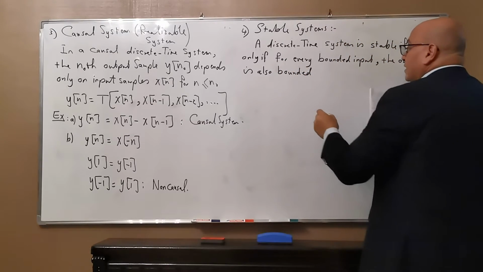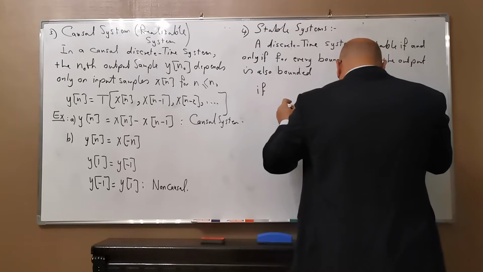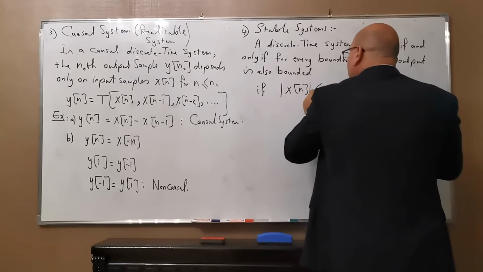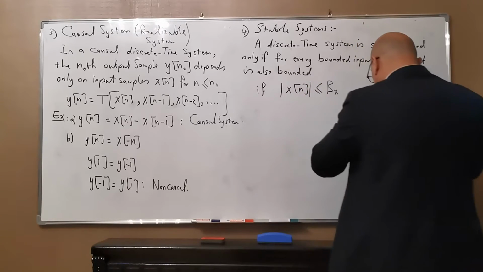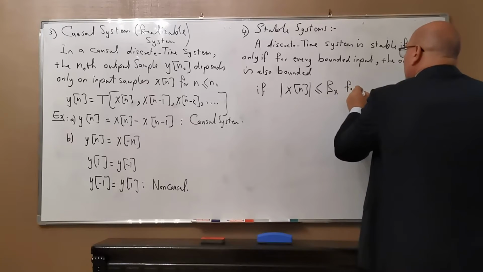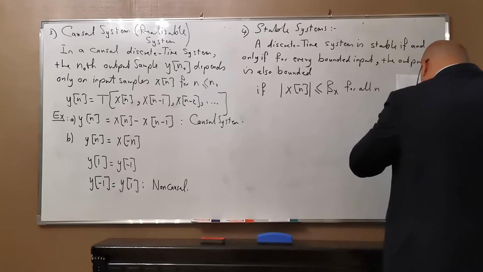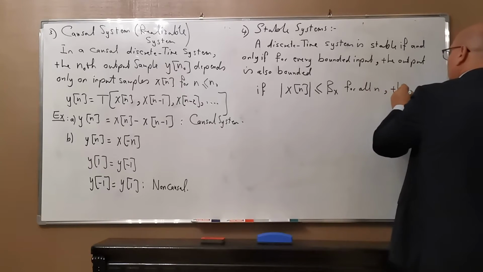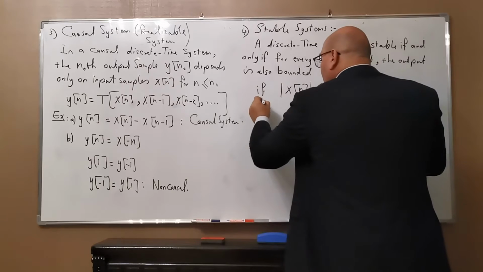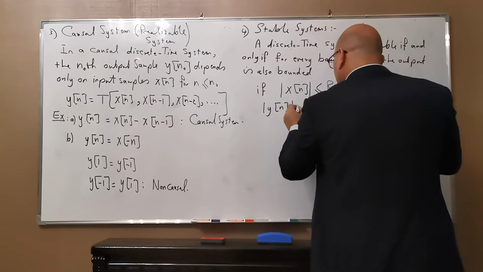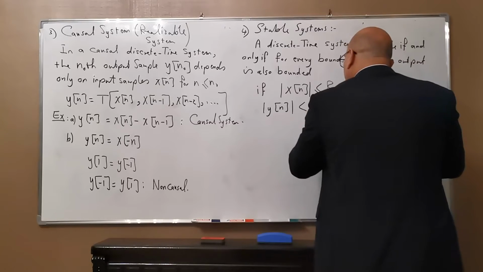Okay, mathematically, if the magnitude of x of n is bounded by beta x for all n, this implies that the magnitude of y of n is less than beta y.